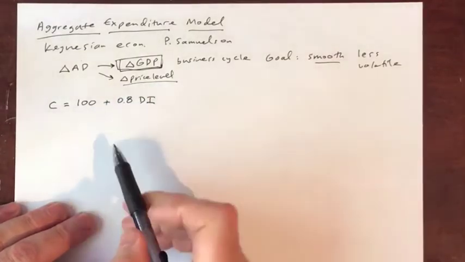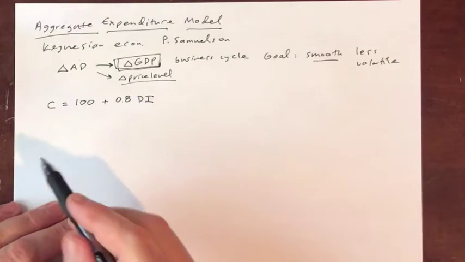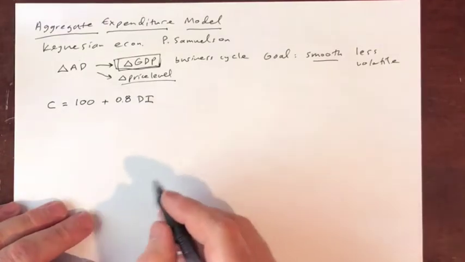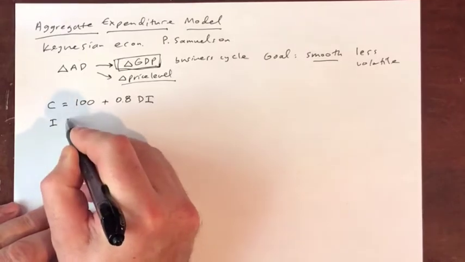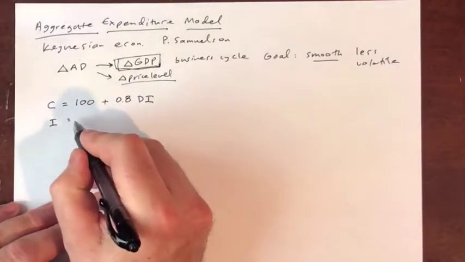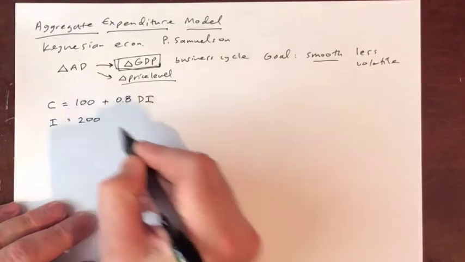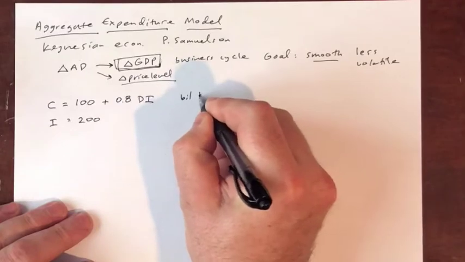If you don't remember what these terms mean, go back and watch the other lecture about consumption, where all these terms are defined. Investment: rather than getting into the whole theory of investment, let's just say that investment is 200. All of these numbers are in billions of dollars.